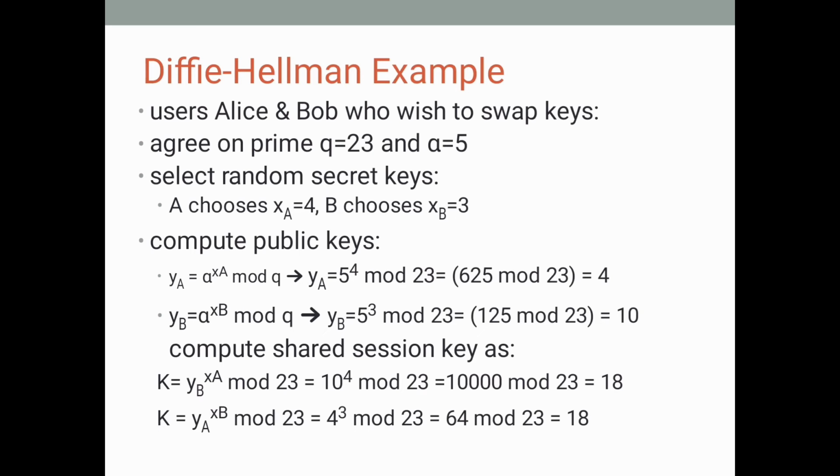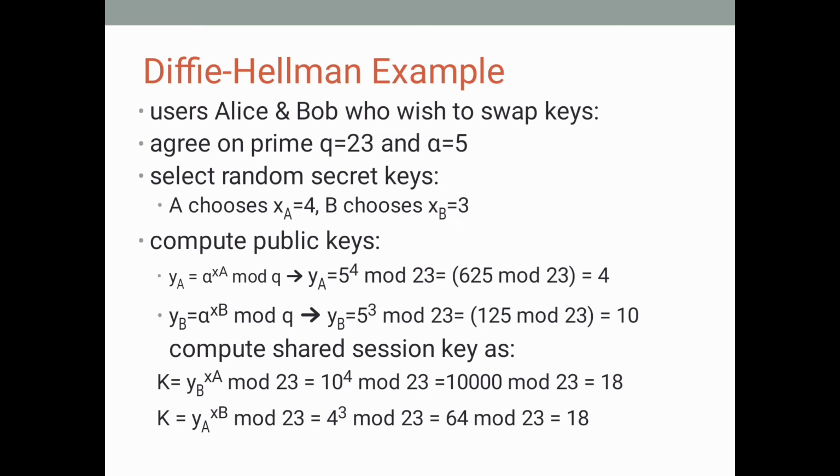So now the public key of A is 4, and next we are going to calculate the public key of B. The formula is YB, the public key of B, is equal to alpha power XB mod Q. Here alpha is equal to 5 and XB is 3.